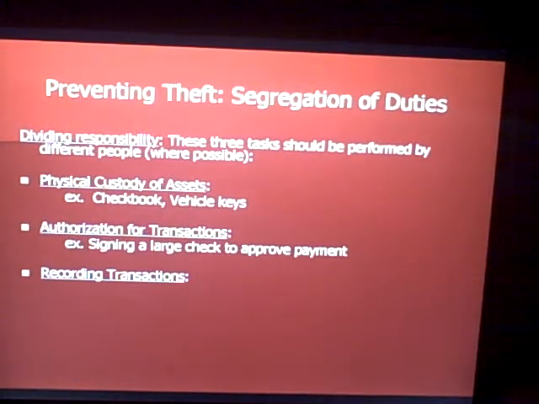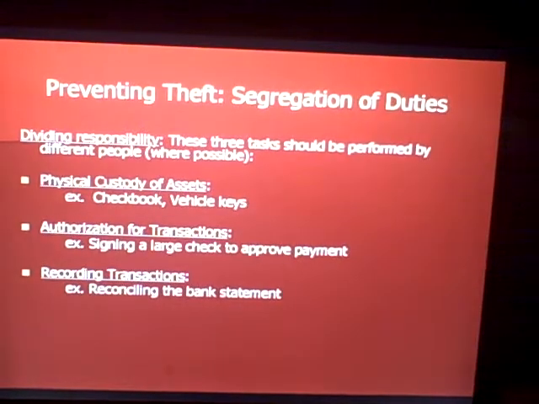The checkbook, the vehicle keys, the keys to the office, any fixed asset that the business owns. Authorization for transactions. The larger the check, the more people and the more senior people in the business have to approve payment by looking at purchase orders and invoices, things that we've talked about in a prior video.